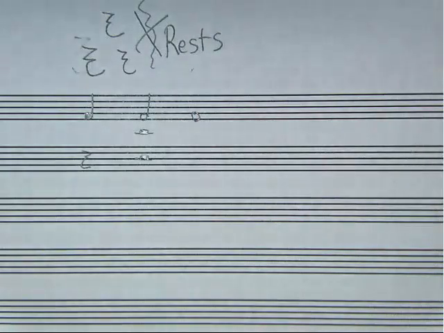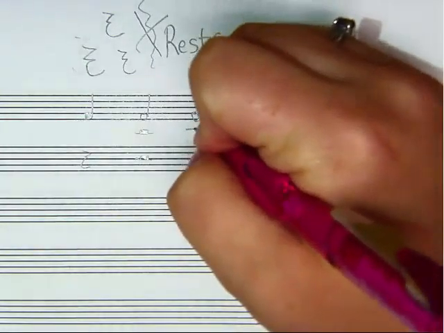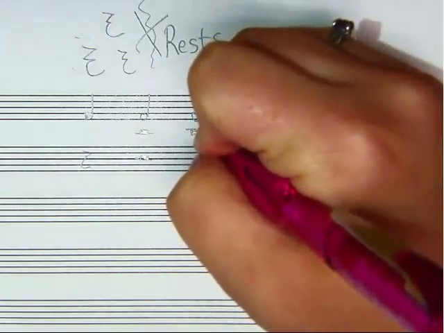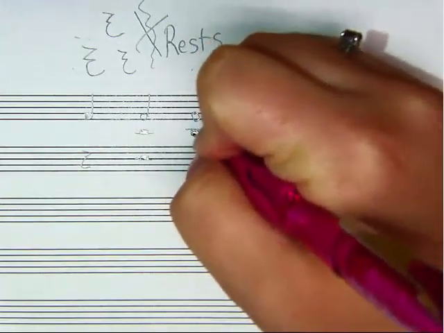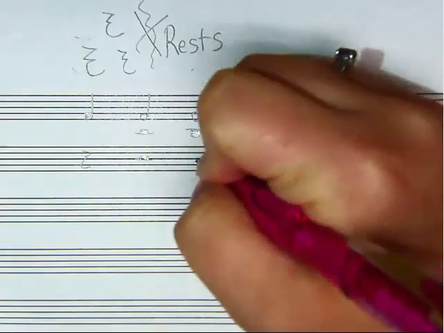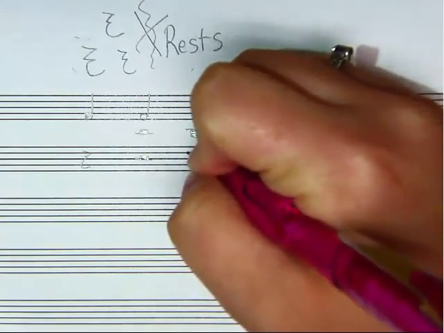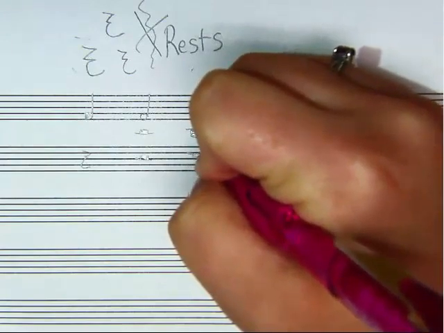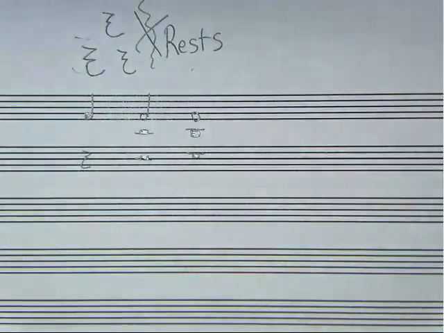A whole rest actually looks a lot like a half rest, and so that's why I made kind of a big deal about it. The whole rest takes up that third space from the bottom, but instead of coming up from the line, it comes down from the line above.